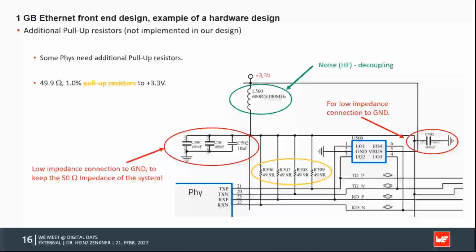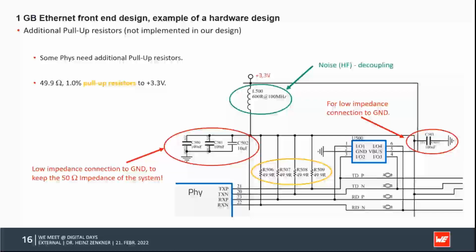For example, these 50 ohm resistors need to be connected to the VCC, to the 3 volt, the pull-up resistor, right? And if you forget to block it with capacitors towards the ground here, then you have an impedance, and again the 50 ohm resistor, the whole thing won't be matched.